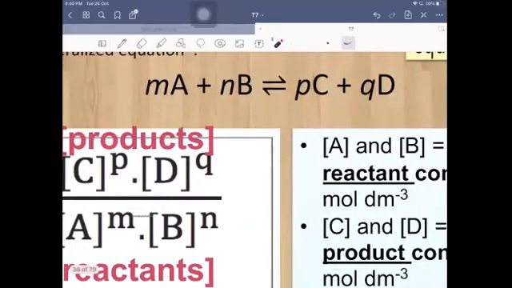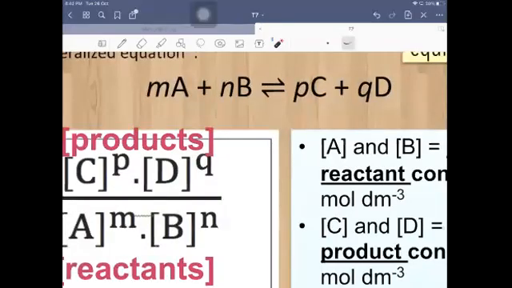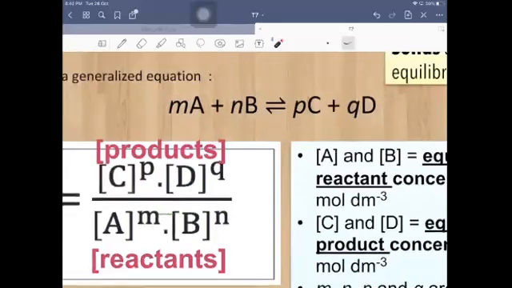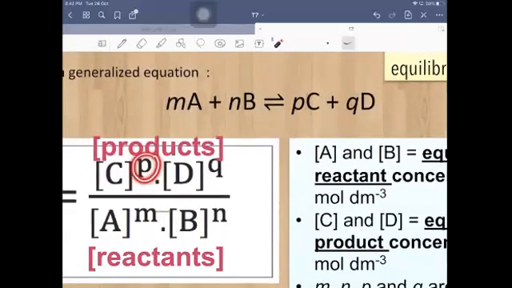So my products are C and D. So I will write the expression of concentration of products, C and D. And then the mole ratio or the stoichiometric number is written as the power, okay? Concentration of C raised to the power of P, which is the mole ratio. Concentration of D raised to the power of Q, okay?